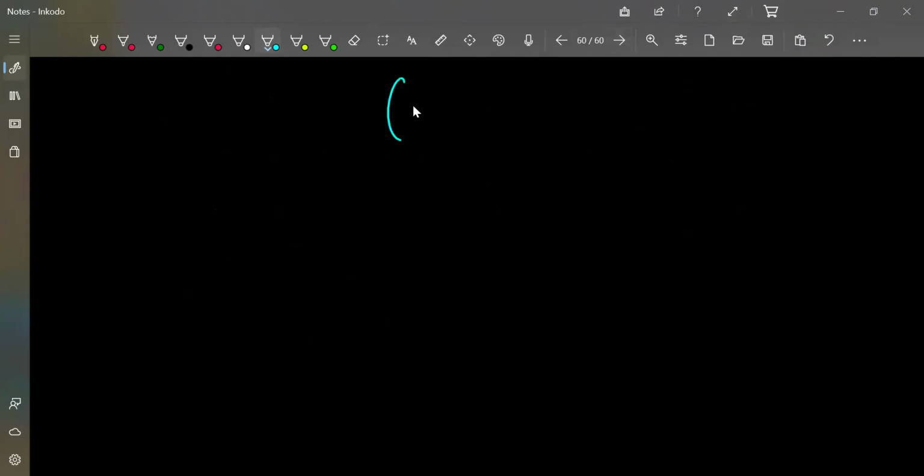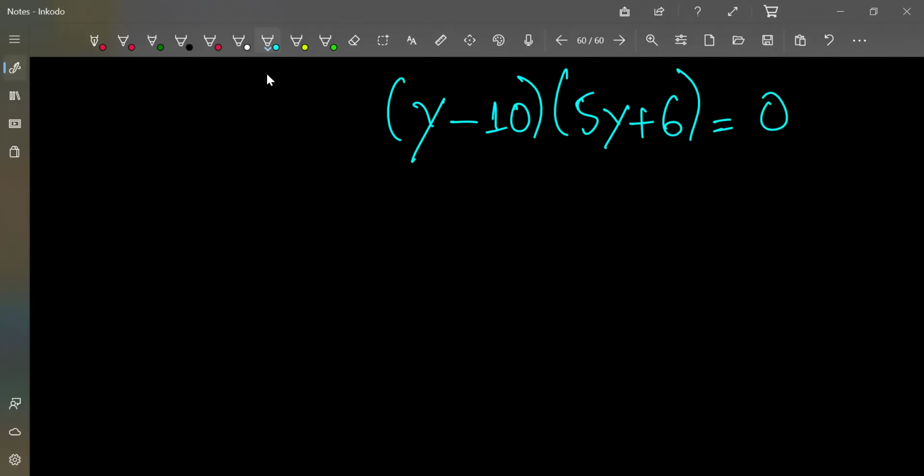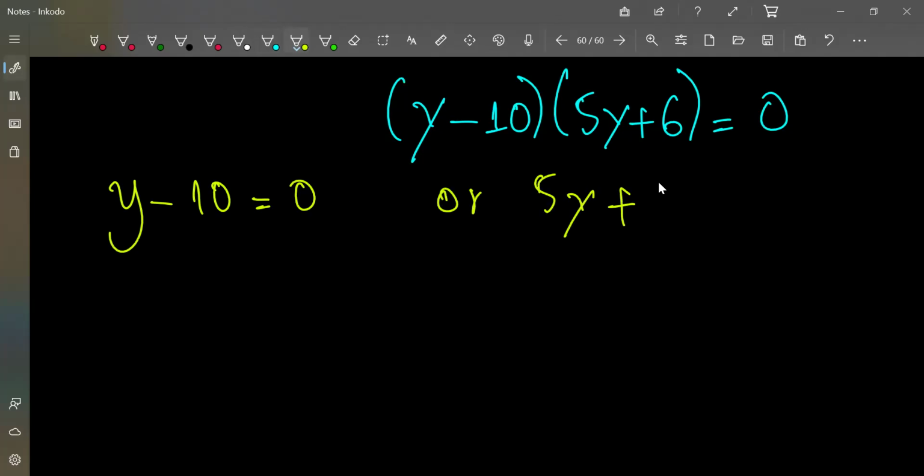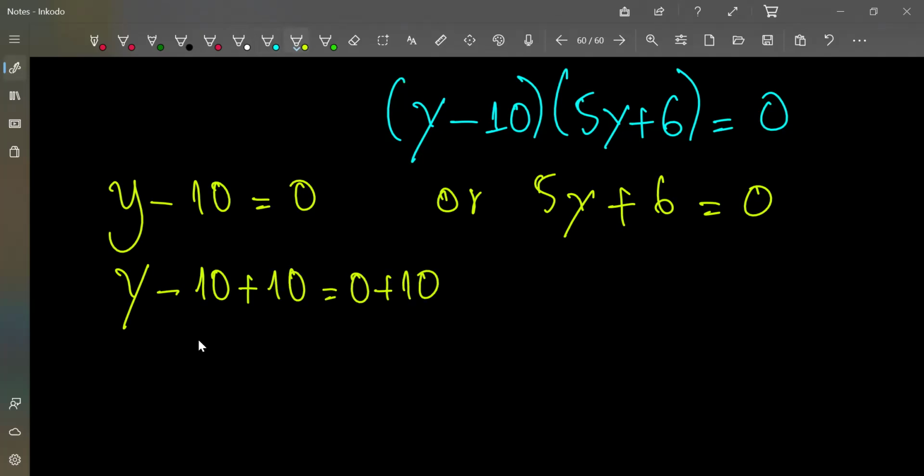If I have y minus 10 multiplied by 5y plus 6 equals 0. So we get y minus 10 equals 0, or 5y plus 6 equals 0. So y minus 10 plus 10 equals 0 plus 10. Okay, so we get y is equal to 10.